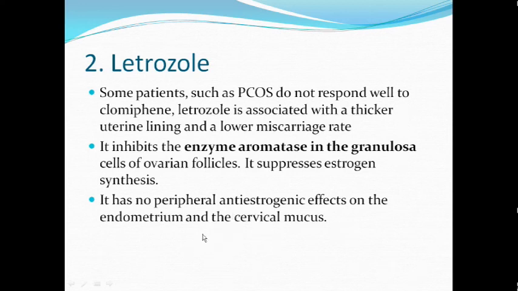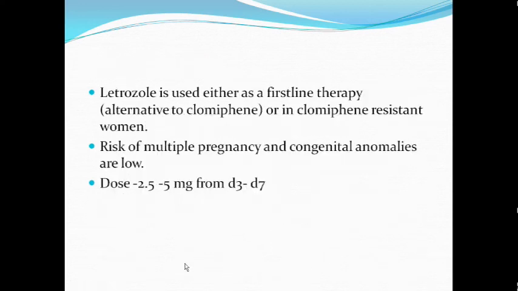So it has no negative effect at these levels. So it is better in this way. It can be used as a first line therapy alternative to clomiphene, or in clomiphene resistant women. Risk of multiple pregnancy and anomalies are also low. Dose is 2.5 to 5 mg from day 2 or day 3 of cycle for the next 5 days.